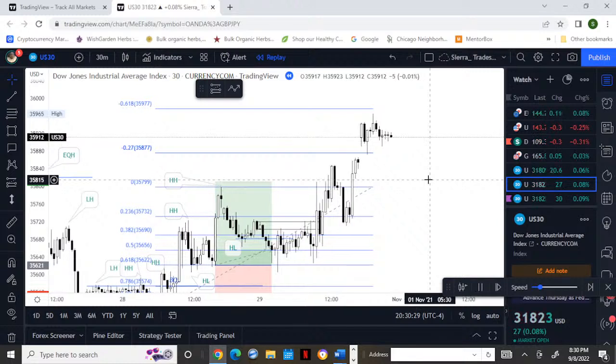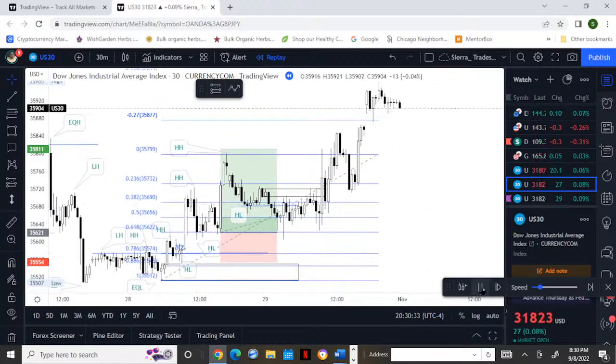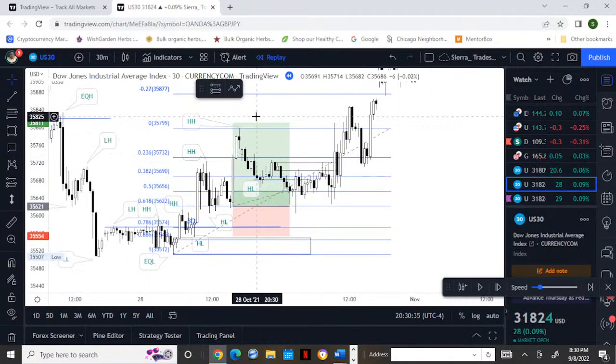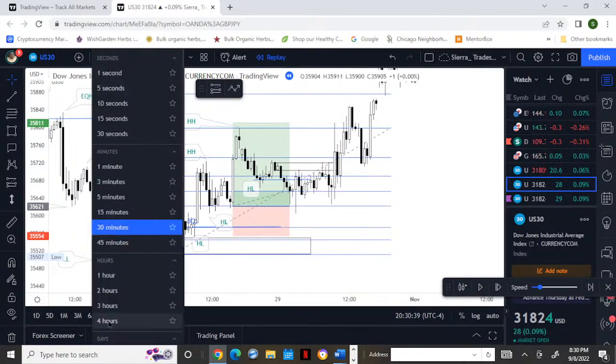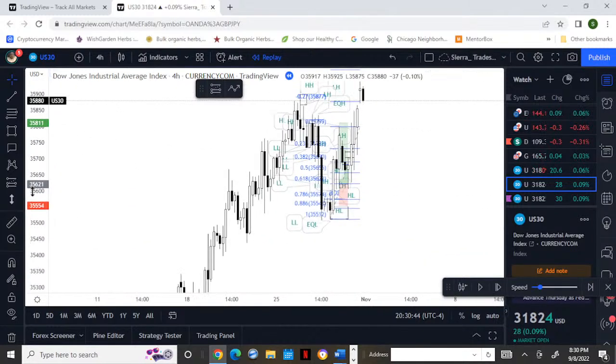So what happened down here is minor structure and major structure. And this was the major structure fib move. Let's see if it's clearer on the 4-hour. Yes, it is.